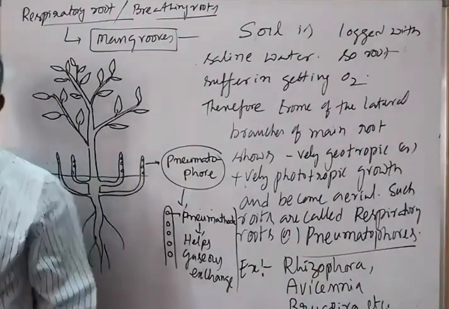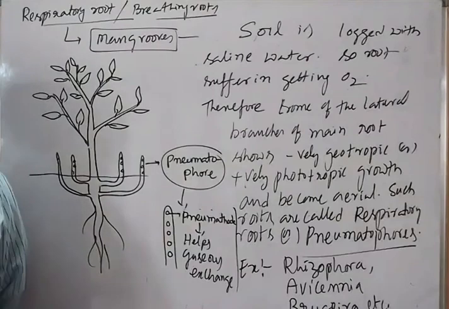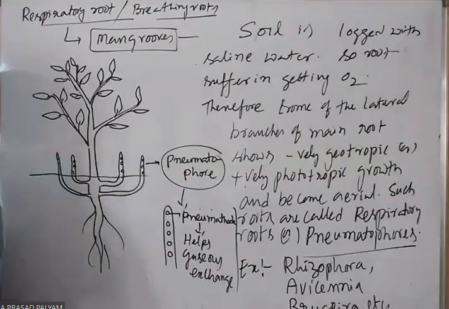Roots do not perform transpiration. Lenticel means it is a small pore.